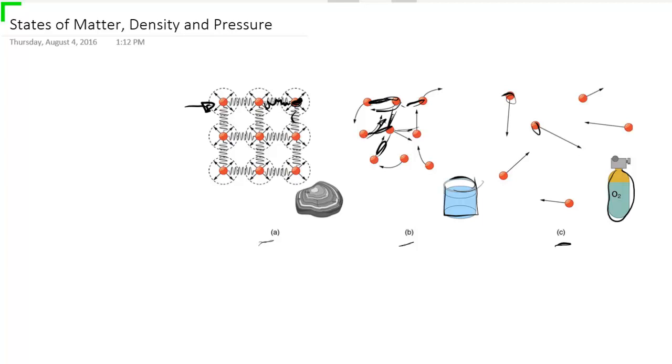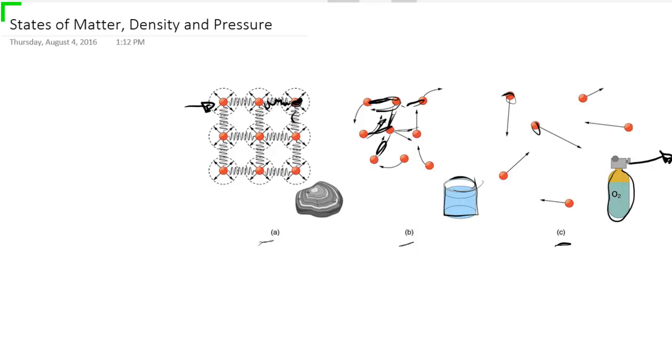However, if we were to open it up, then all the gas would flow out and take on the shape and the volume of its surroundings. So a gas does not have a constant volume or a constant shape. Both of these things change.